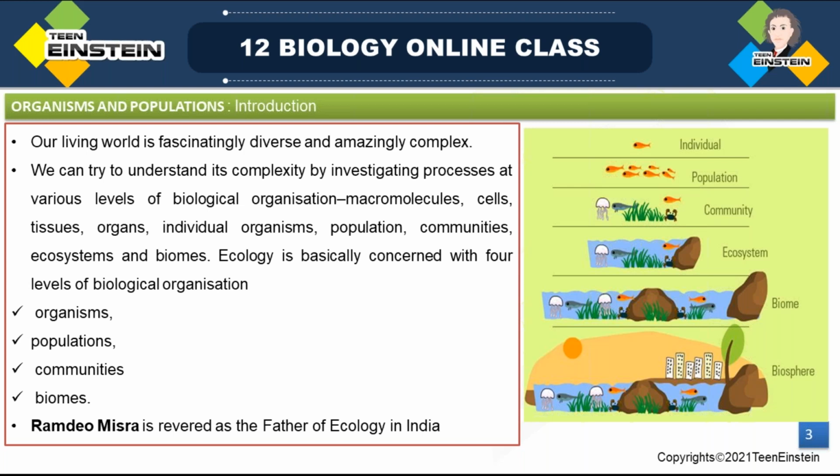So we can see complexity at different levels of biological organization, right? At different levels you can see complexity, and that complexity differs. See, one organism will be entirely different from another group of organisms. Why? Because that organism needs that kind of adaptation for that life.